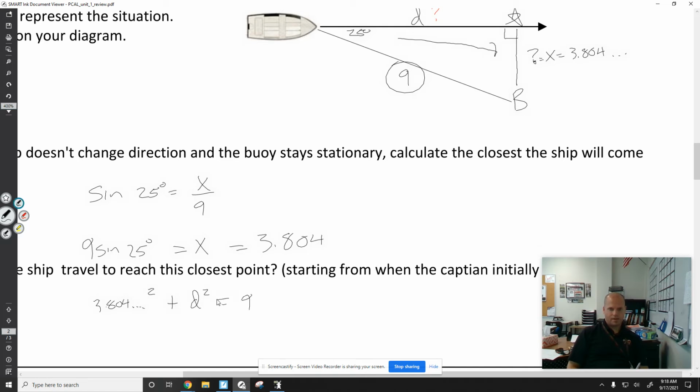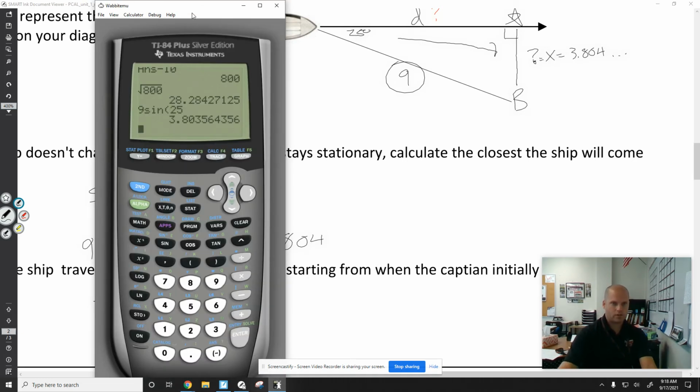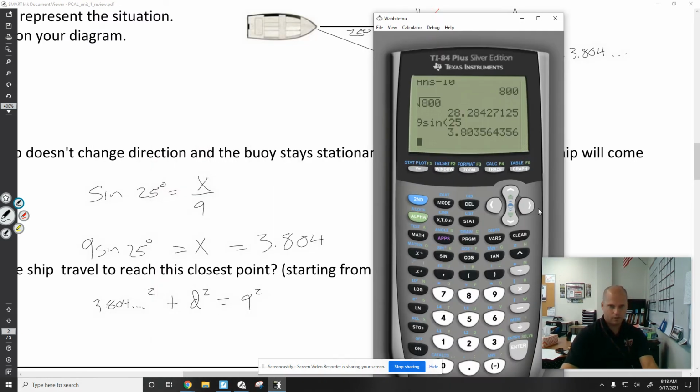And that equals 9 squared. Okay, that's one way. Now, if you're going to use this 3.804, don't have it rounded. We want to use the full number so that we get an answer that's more accurate. If you use rounded numbers to get different answers, those different answers are going to be less and less accurate.